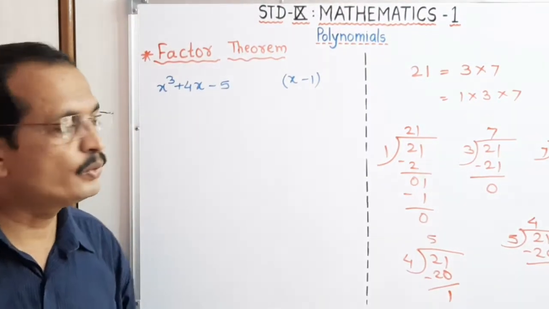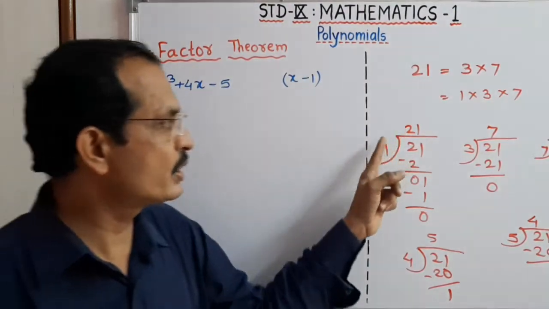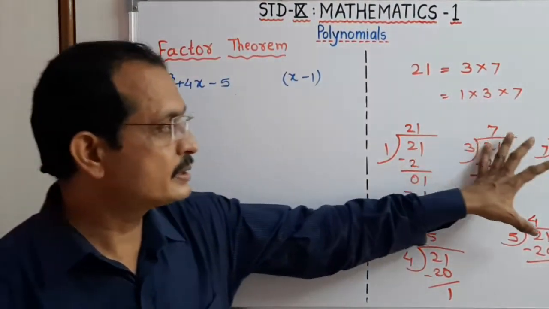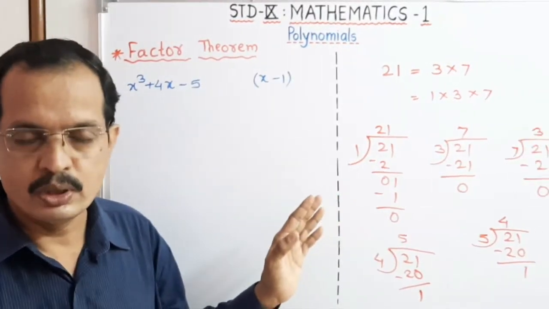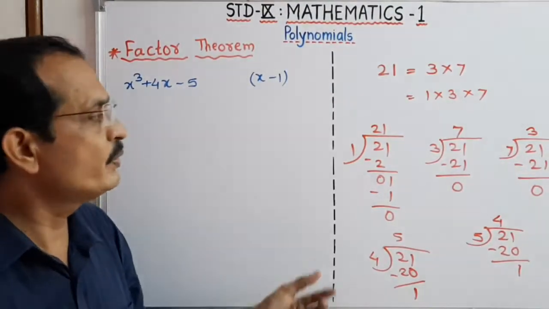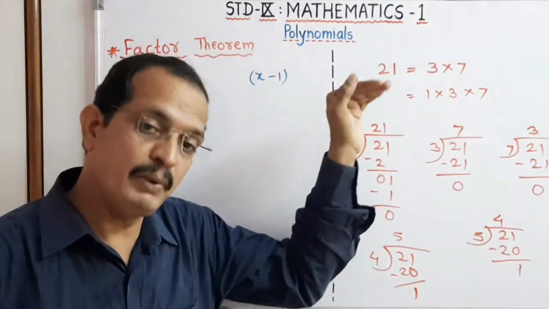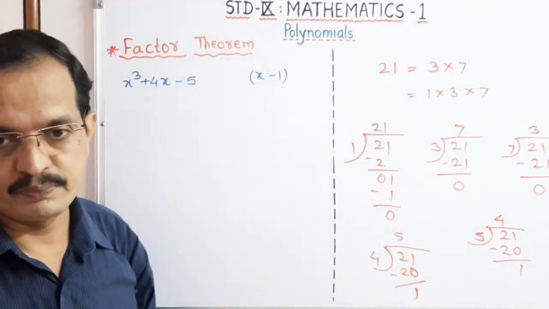Got it? All of you know that if a factor is there, suppose 1, 3 and 7 are there, and we divide this with 1, 3 and 7, we get the remainder as 0. Then we can say the general statement that if we divide 21 with 7 and the remainder is 0, then we say that 7 is a factor of 21.